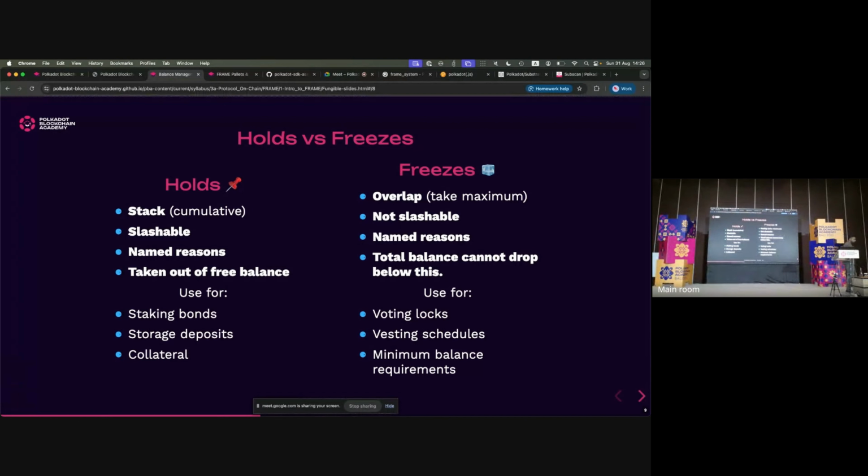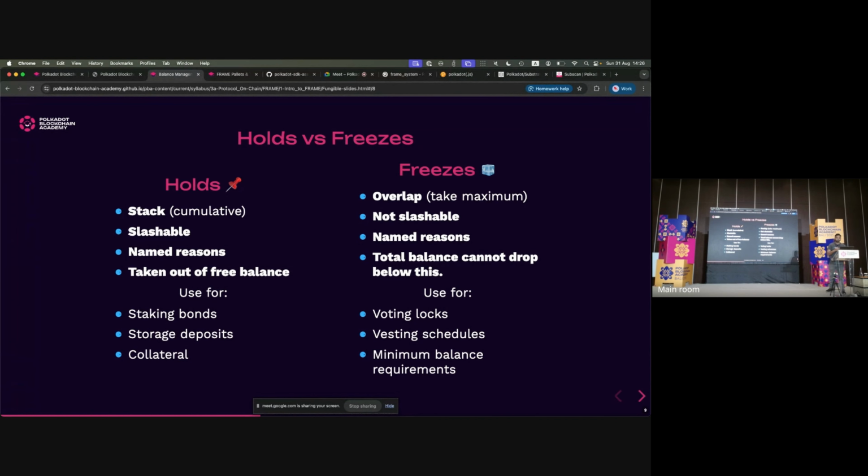So when you vote, your funds are frozen. That is a type of lock, so you cannot move those funds away or transfer them to someone else. But when you stake, they are held, which is another type of lock. You cannot transfer them away either. But because freezes and holds can overlap, you can stake and vote with your staked tokens.